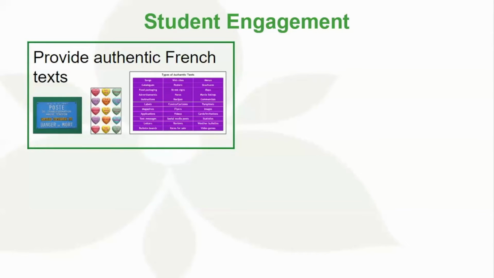Authentic texts not only engage students in seeing French in different real-life forms, but also act as models for vocabulary and sentence structures that would support students as they prepare for the action-oriented task. Other examples are party invitations, movie listings, song lyrics, social media posts, and opinion blogs.